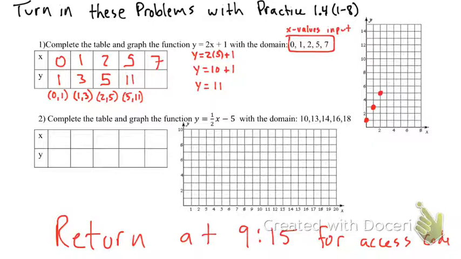And that's going to be right here. Okay, and then last, I'm going to plug in 7 for x. Two times 7 is 14. 14 plus 1 is 15. So now I want to plot 7, comma 15.